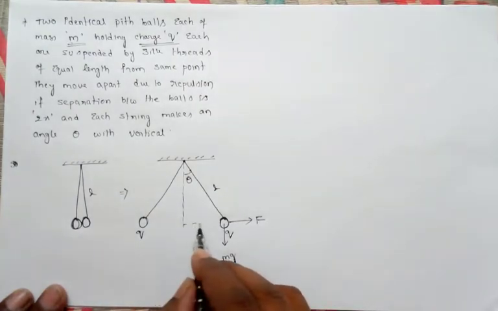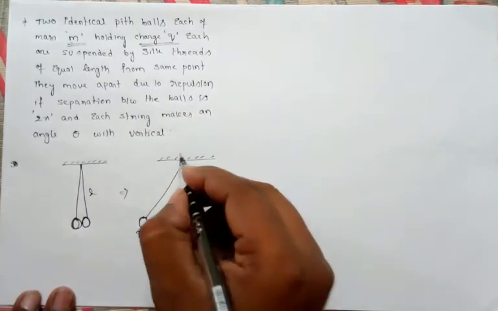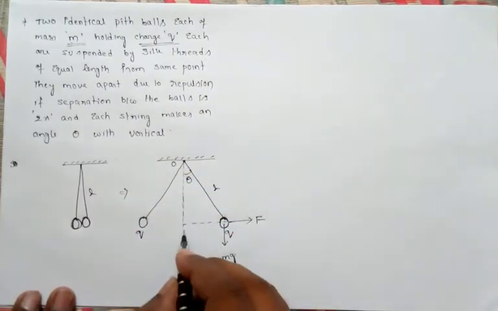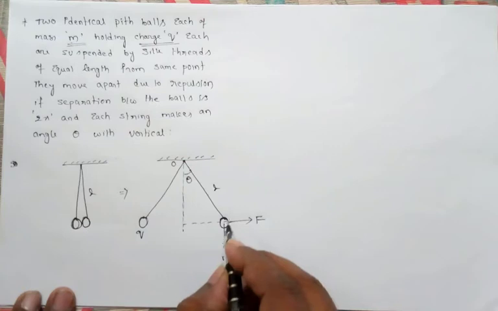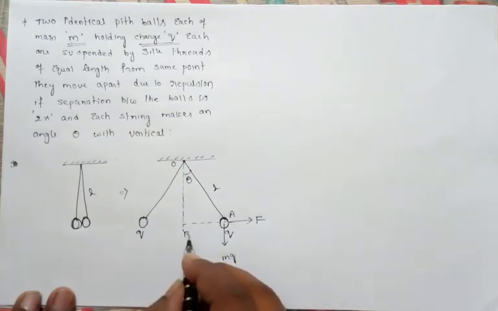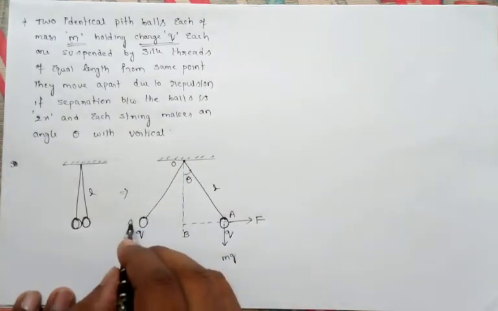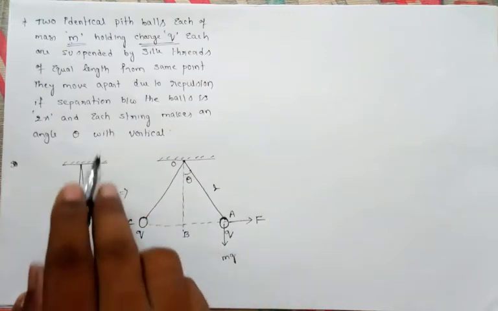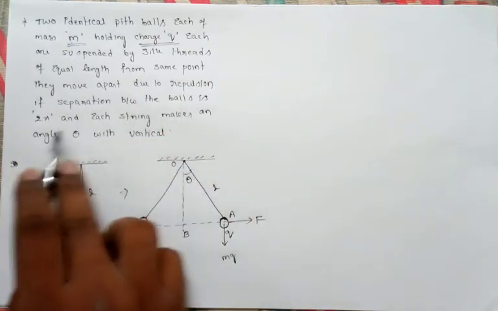If you make a triangle like this, this is the point of suspension O, this is A and this is B, and if you take this as C, they mentioned that the separation between the two balls is 2x.